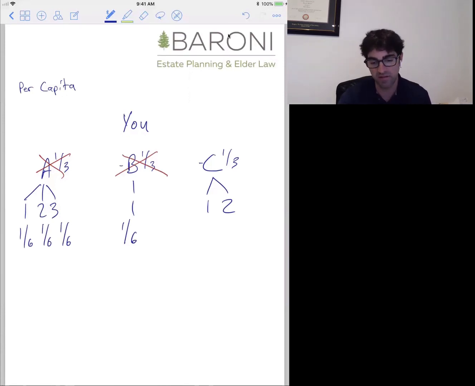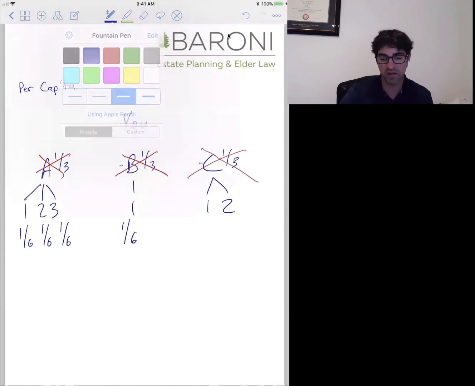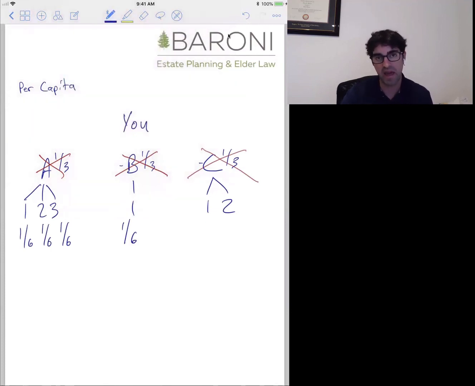C is still alive. Now, if we also now assume that C has predeceased, that remaining third is going to go in halves to his children, which is a 6th. So per capita is probably the fairest and most equal way of leaving inheritance by survivorship option.